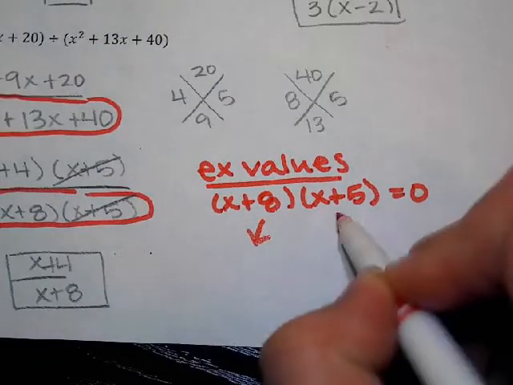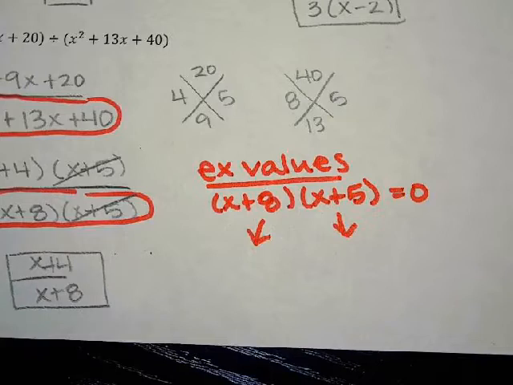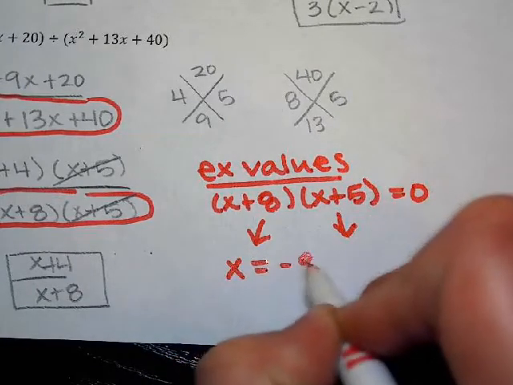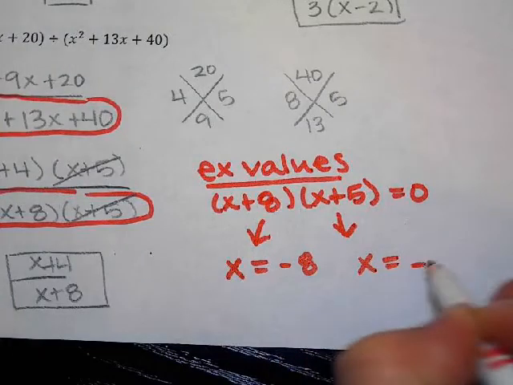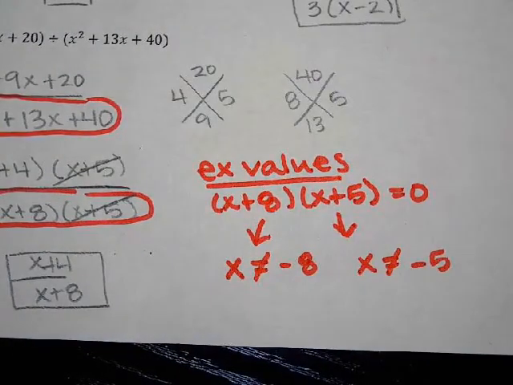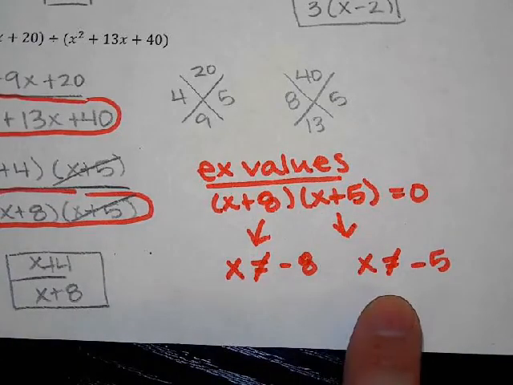X is -8, x is -5, and I cannot equal either one of those. Yes, they're excluded from the domain. You can plug in any number, you just can't plug in those because it makes the denominator 0. And you can't divide by 0. It's not allowed. Just ask Siri. She will tell you it doesn't work.